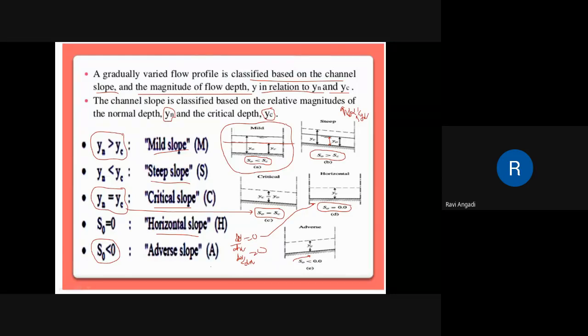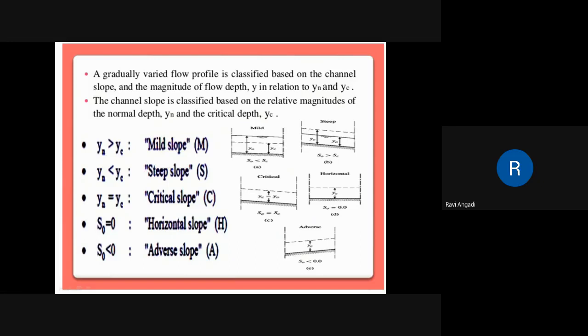If dy by dx is less than 0, what type of flow do you get? Drawdown. Okay. So those things are to be remembered, but here you have to remember the channel bottom slopes based on the depth of flow with respect to the critical depth. So remember these conditions, all of you.